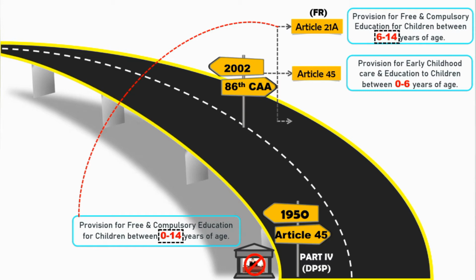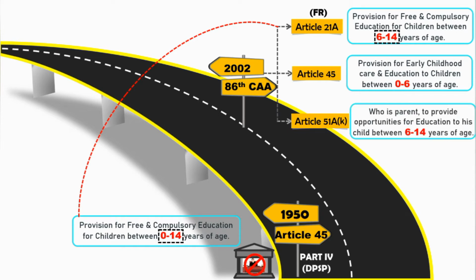And the third change was made in Article 51A. A new clause, that is Clause K, was added to this article, according to which it is duty of the parents to provide education to their children between 6 to 14 years of age.